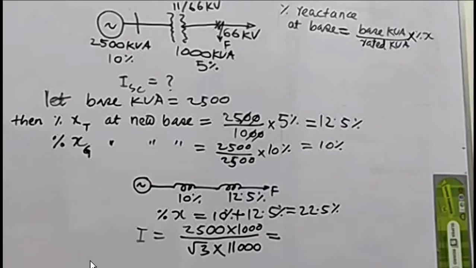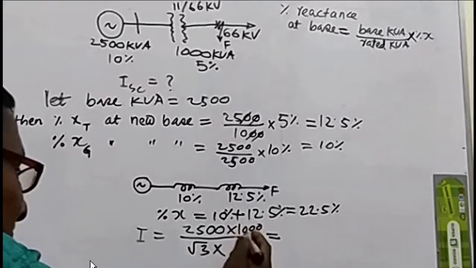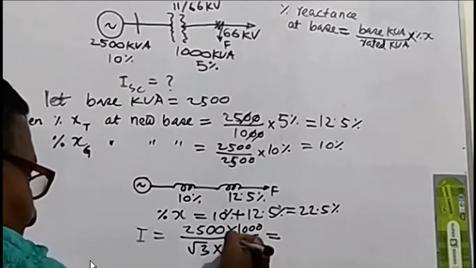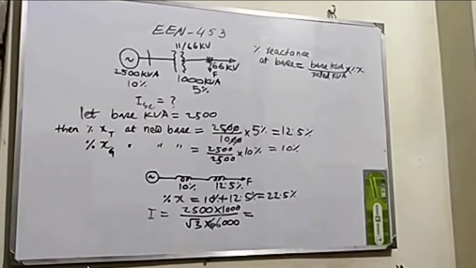But the percentage system is very interesting and very easy, because engineers and scientists always try to solve a problem easily in less time. That is the objective.